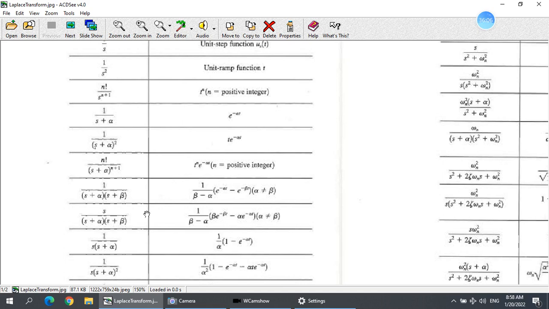And actually we need the cube, so we use this one: n factorial over s plus alpha to the power n plus 1 corresponds to t to the n e to the negative alpha t. Okay, I already copied this term in our notes.